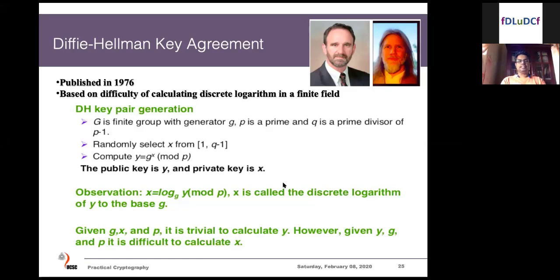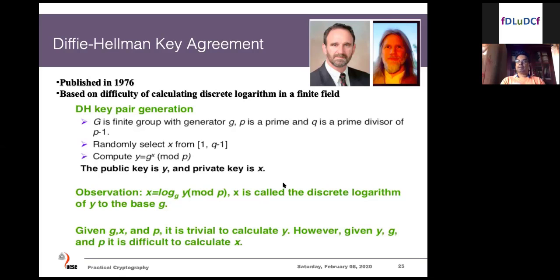It is based on log calculation values: we need to generate two numbers, a generator G and a prime number P, and then some Q which is less than P minus 1.